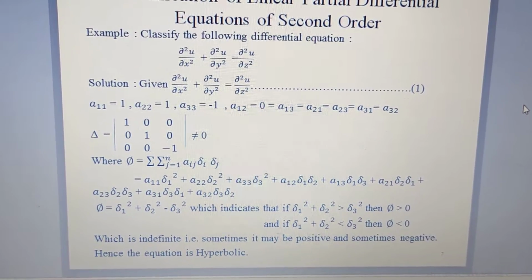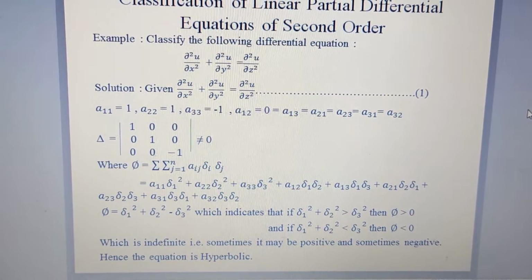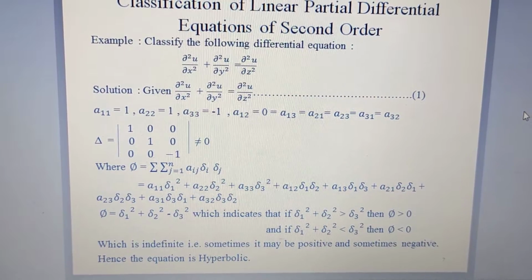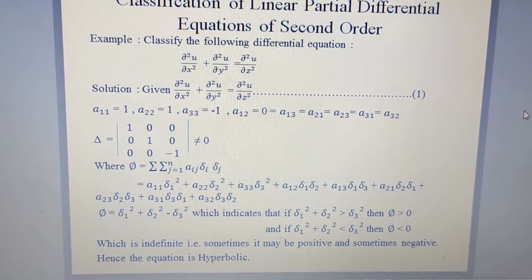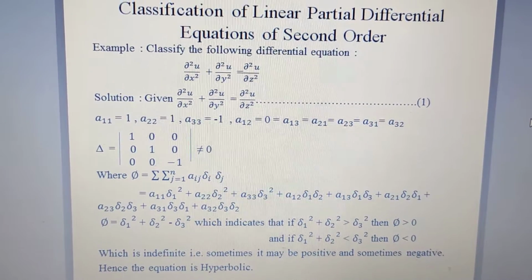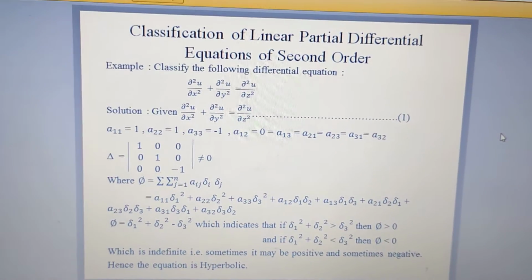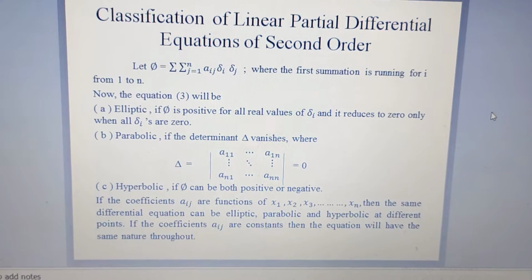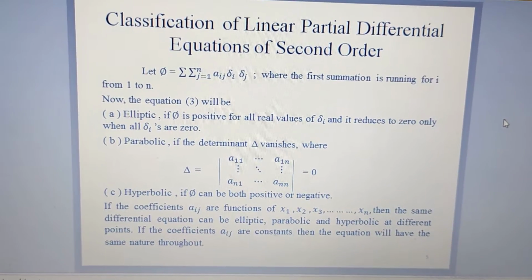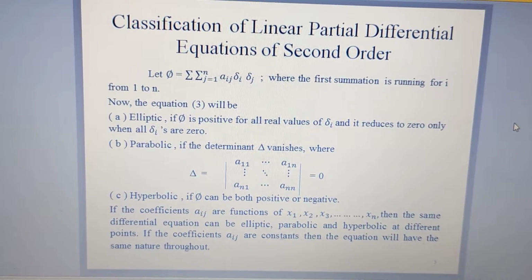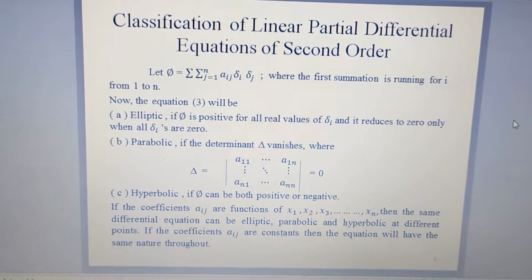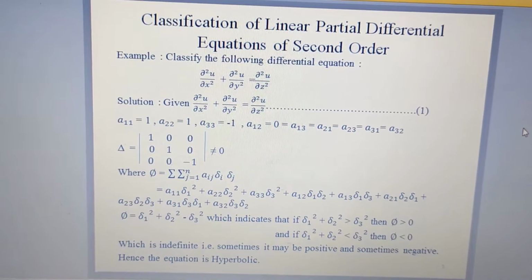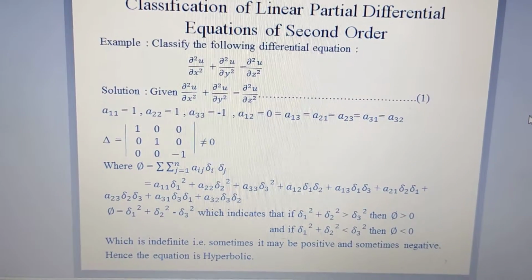And on the contrary, if del 1 square plus del 2 square is less than del 3 square, then phi becomes negative, which is indefinite. Sometimes it may be positive and sometimes it may be negative. So as per point C, if phi can be both positive or negative, the equation will be hyperbolic. Hence the conclusion is, the equation is hyperbolic.